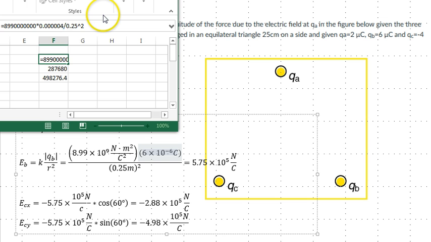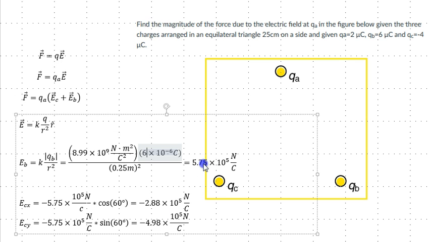I'm going to change the 4 to a 6, and we get 8.63 times 10 to the fifth. My apologies, my computer is slower than molasses.